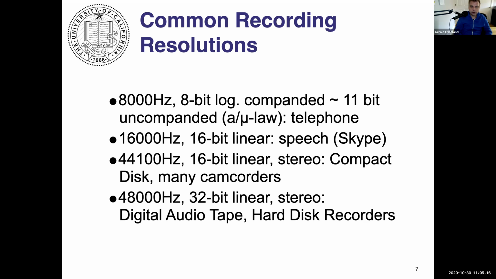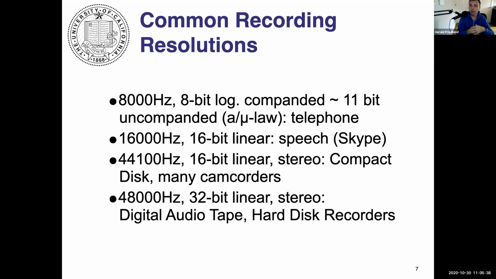So for example, when original analog telephony became digital through the early cell phones, we used 8 kilohertz, 8-bit, and then there was some compression on it, because we remember that loudness perception, volume perception, isn't linear, so they companded it.